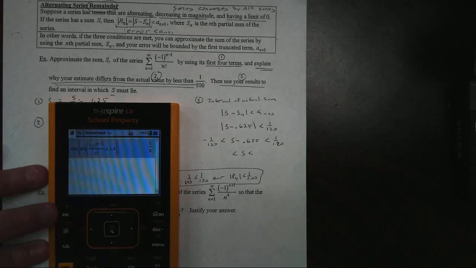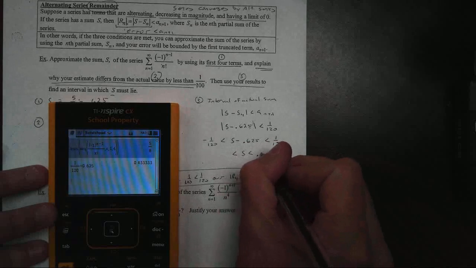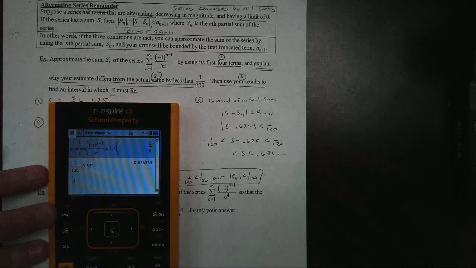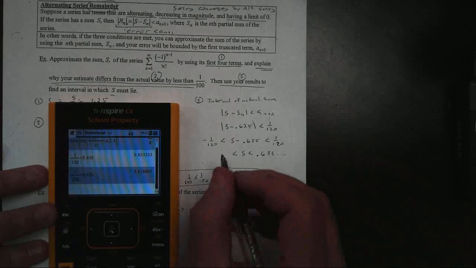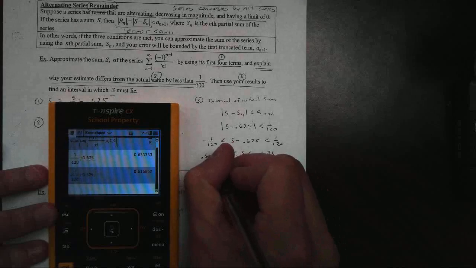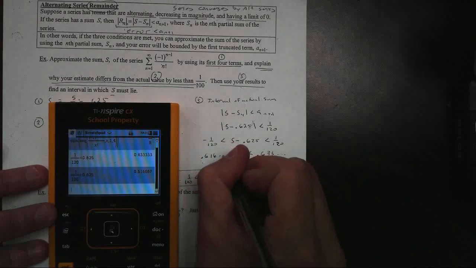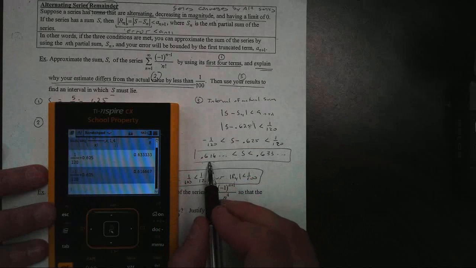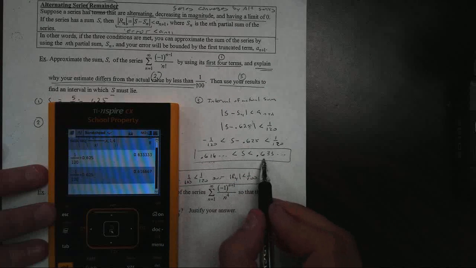If I take 1 divided by 120 plus 0.625, I get 0.633 repeating. And if I take negative 1 over 120 and add 0.625, we get 0.616 repeating. So we're saying that the actual sum has to be between 0.616 and 0.633.